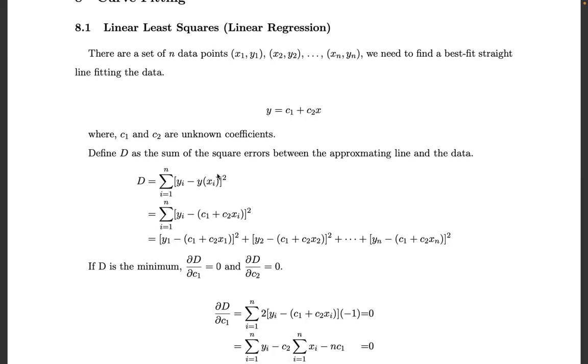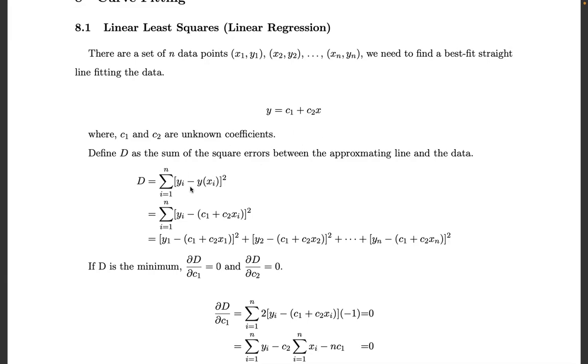D equals the sum from i equals 1 to n of yi minus y(xi), from this formula, then squared. Inside the square brackets is the difference between the original data and the data from the formula.